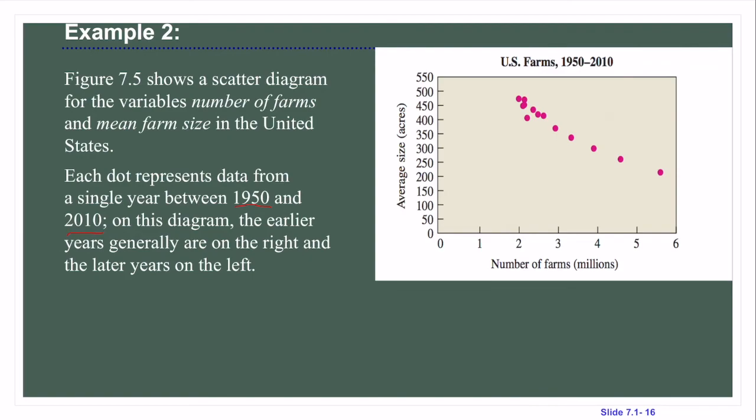So the number of farms has been decreasing over time. Let's go ahead and estimate the correlation. If I was going to draw a line that I thought would be closest to all those points, it's definitely going to be negative. Is that weak? No. Is it perfect? No. So maybe something like -0.9 or -0.8. I really just want you to estimate.